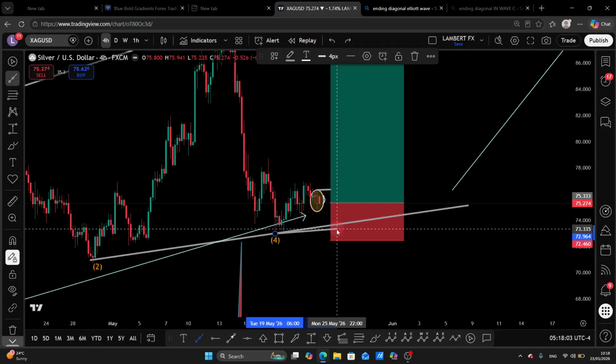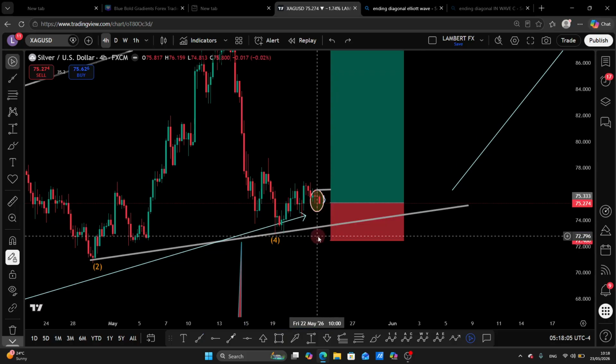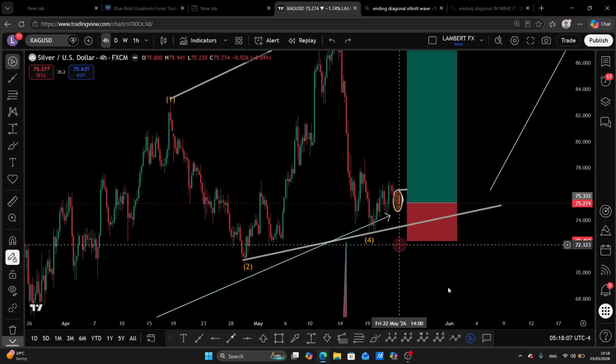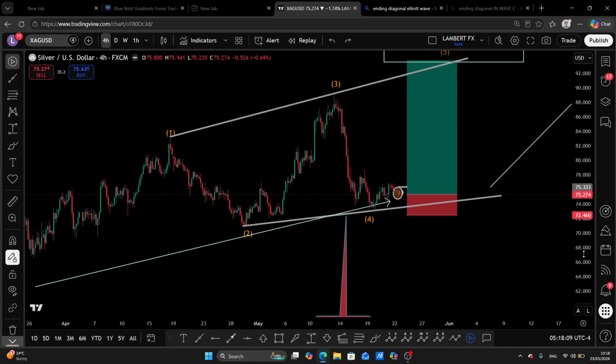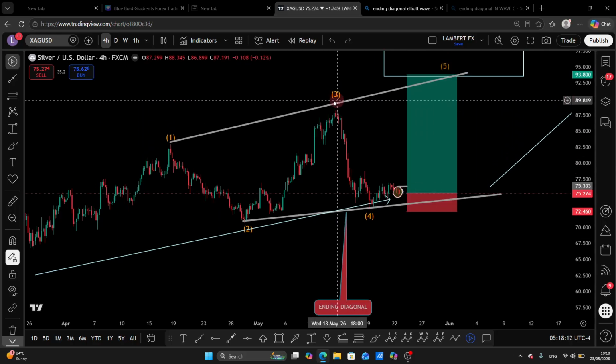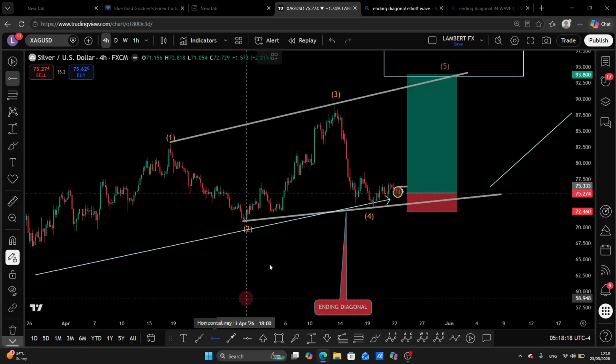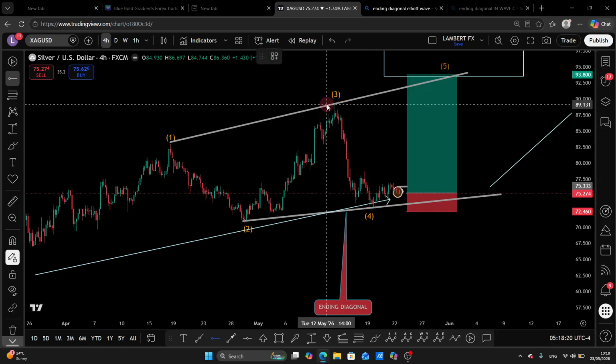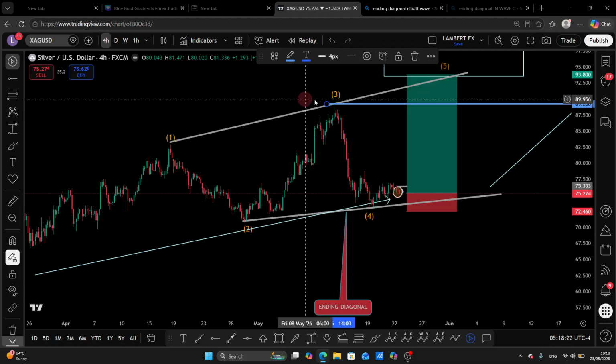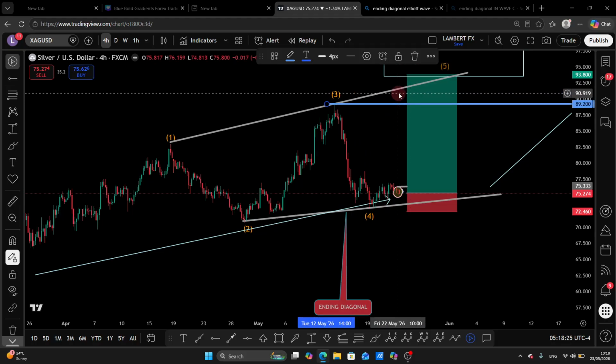In terms of my take profit, I will watch for how the market reacts when it gets to the high of 3. Then I would watch for the reaction here.